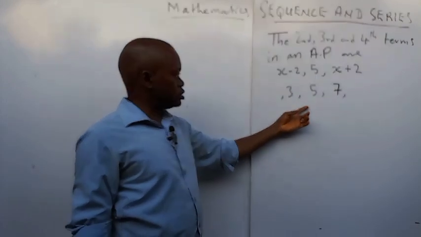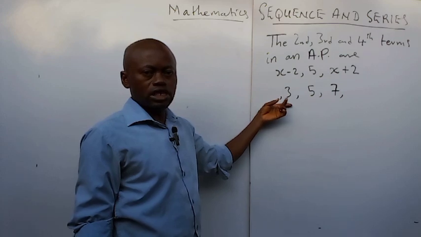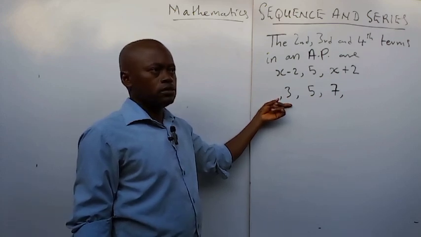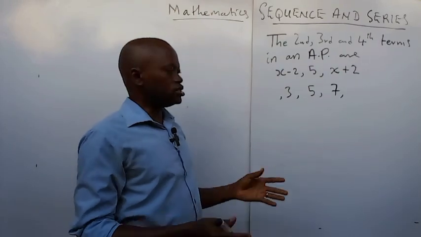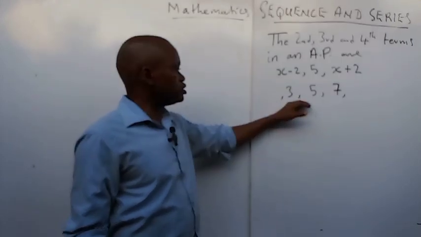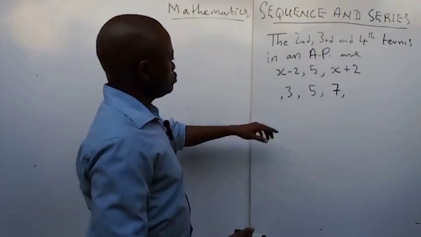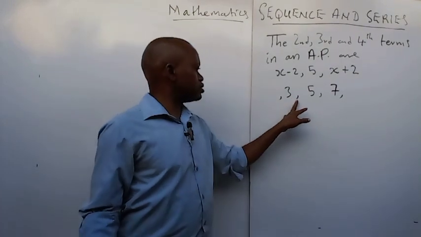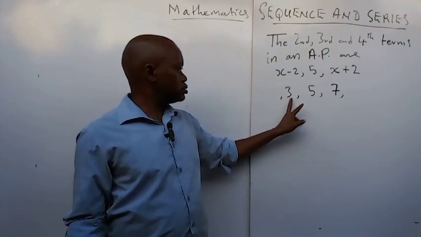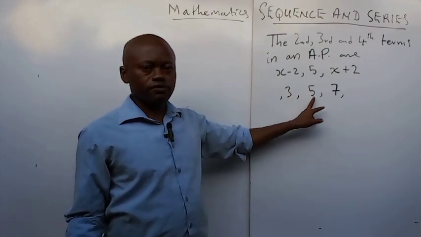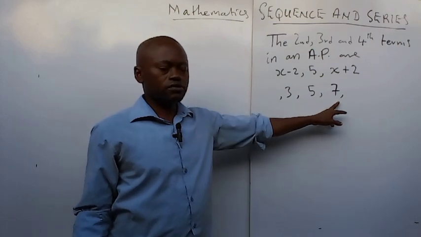Now, I want to use this to take us into generalizing the concept of an arithmetic progression, because this is an arithmetic progression. Quickly, if you look at these two terms, you realize that the gap between this and this is 2. When you add 2 to 3, you get 5. When you add 2 to 5, you get 7.